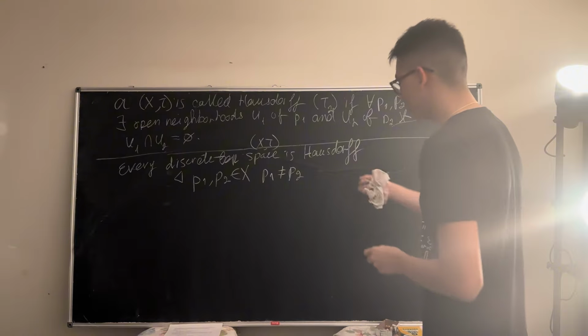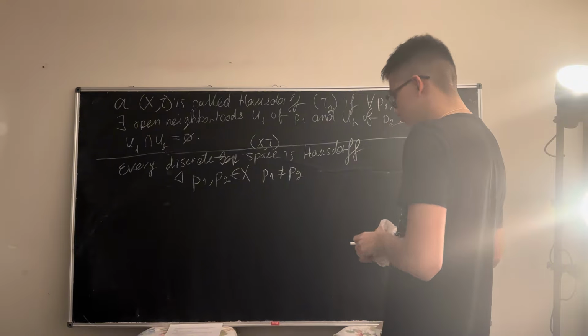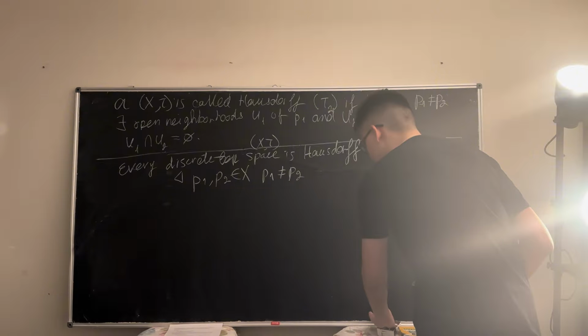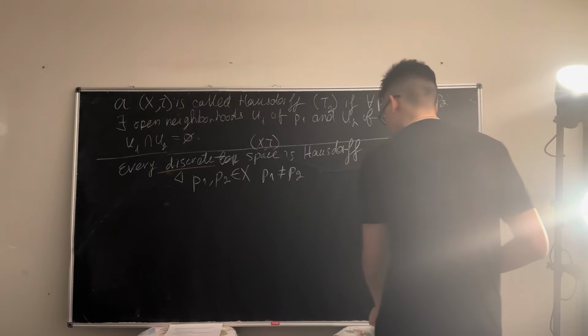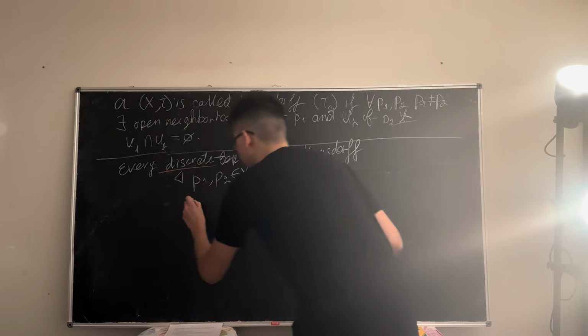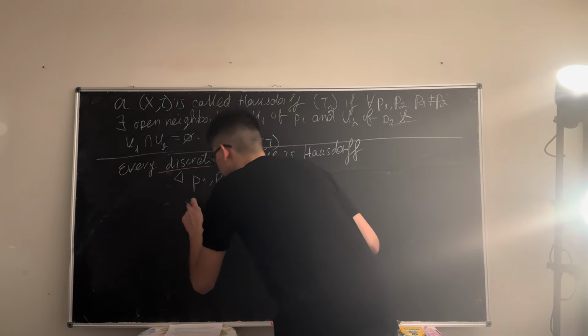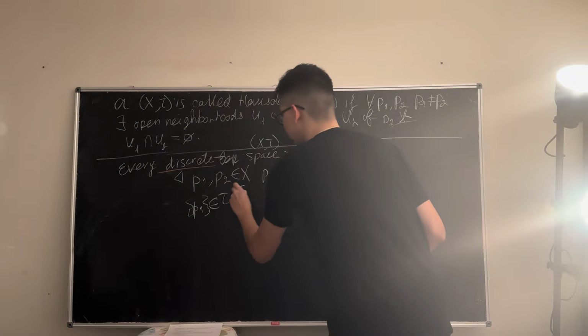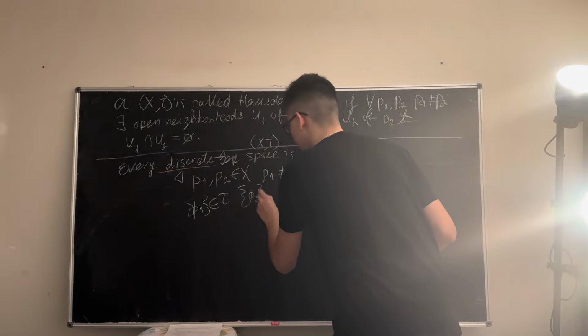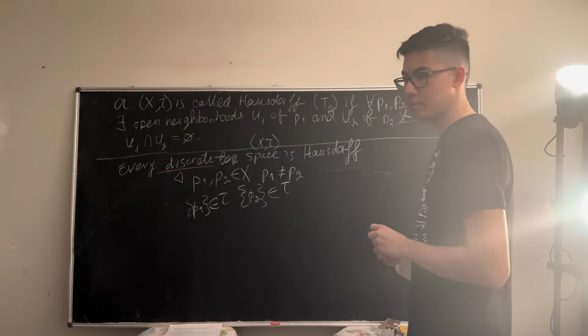Right? Since we are working with a discrete topological space, we know that the singleton set {P1} belongs to the topology, and the singleton set {P2} belongs to the topology.